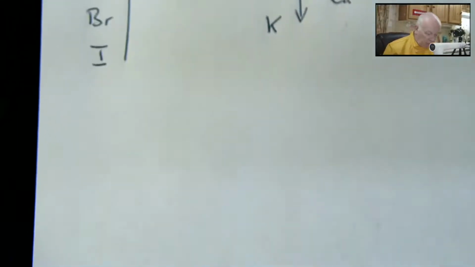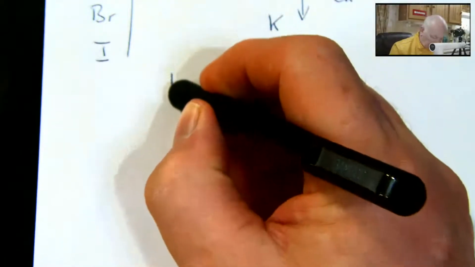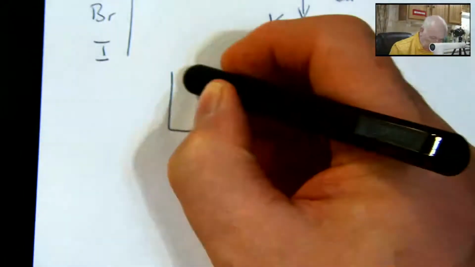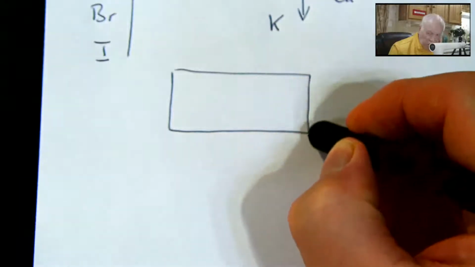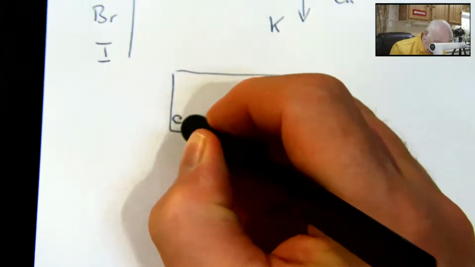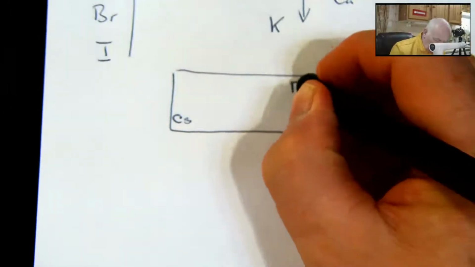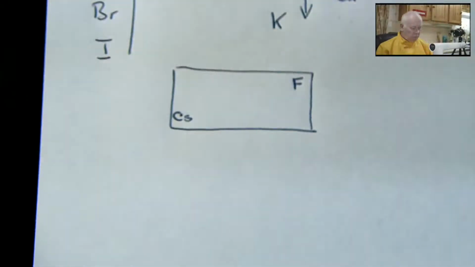This does mean that if we have a look at our periodic table, and we'll just make a really crude periodic table here, we find that the most reactive metal is going to be cesium down in this corner, and fluorine up in that corner.